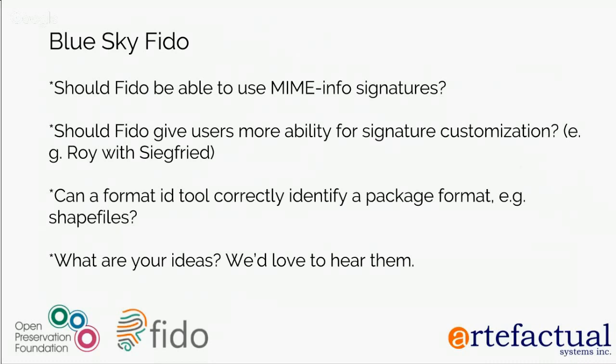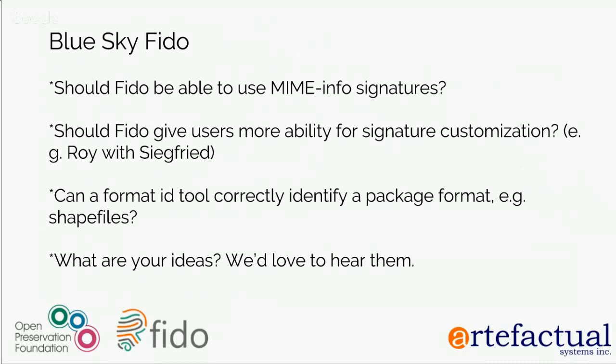So when you run Fido, you can say identify using this subset of signatures, or don't include this subset of signatures. But having something that you can author more customization seems like it might be a useful thing.